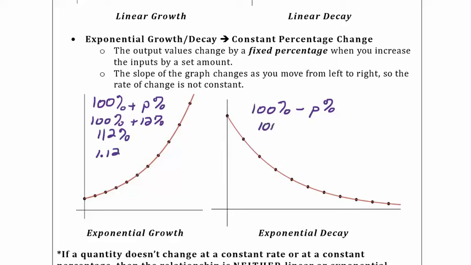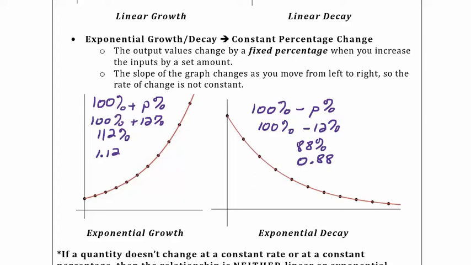If, for example, we had, say, the value of a car was decreasing by 12%, then we would want to subtract 12% from 100%, and the value of our car would be 88% of the previous year's value. So our multiplier is 0.88, and that's what we're going to see when we're doing exponential decay.